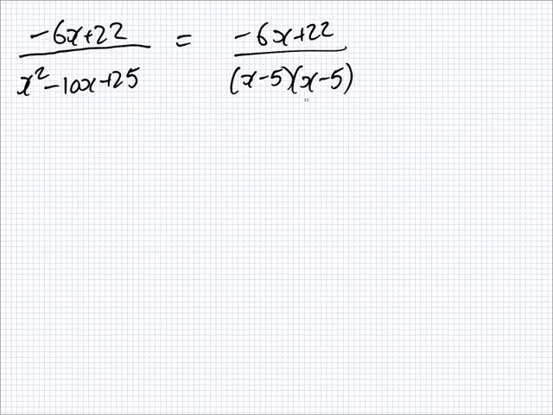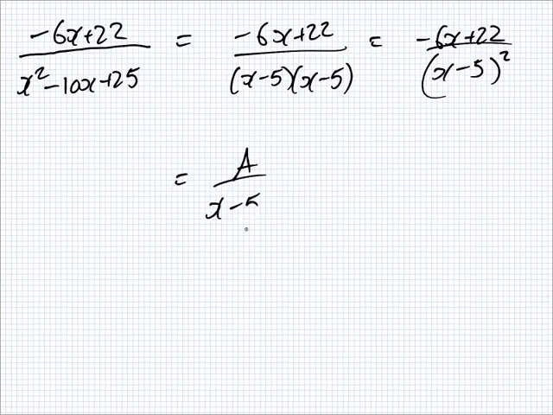So what happens when you have these problems? You start off the same. You say equals a over x minus 5. But the second one is not x minus 5 again.